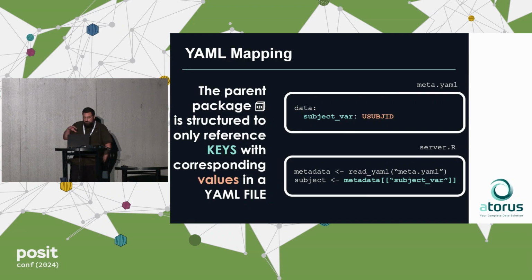So within the app, instead of saying use subject ID, I want to use that column, you do more on the bottom here, where you just call the YAML key, and then it returns the value for you. So it's more like a function argument than specifying the column name.